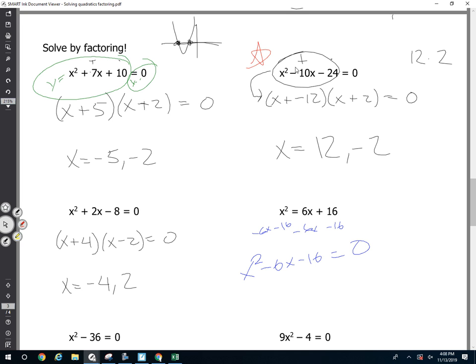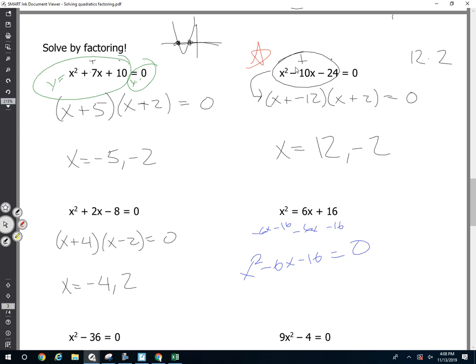Mr. Charles, what is x squared minus 6x minus 16 factored? I need the factored form of this. Who else am I calling out? I got it. Now I don't go.